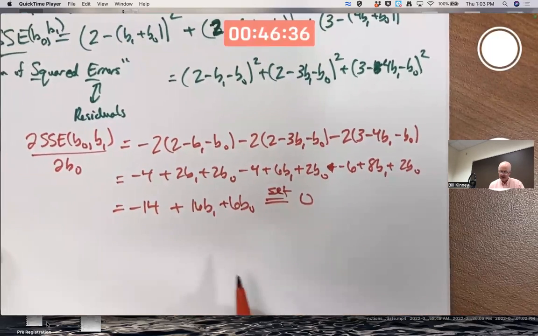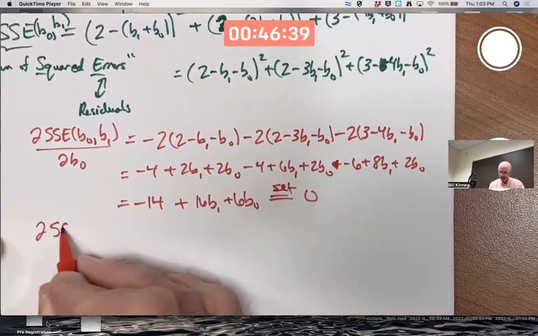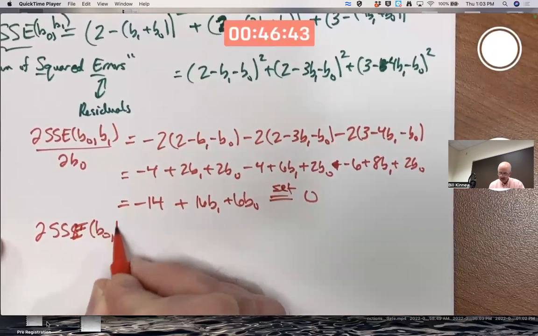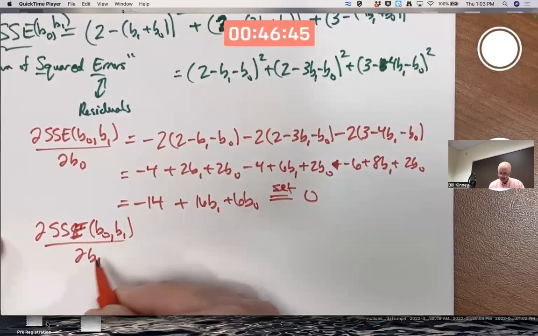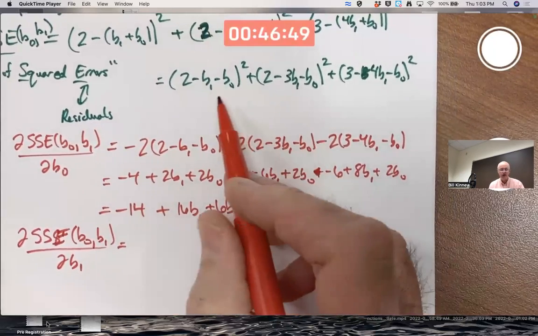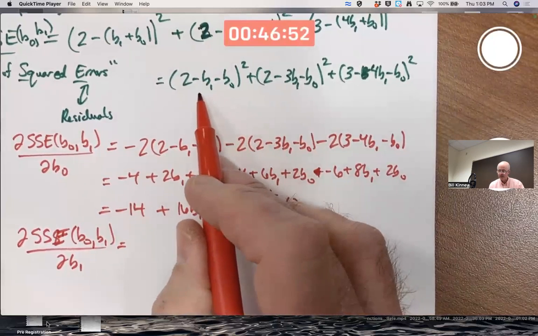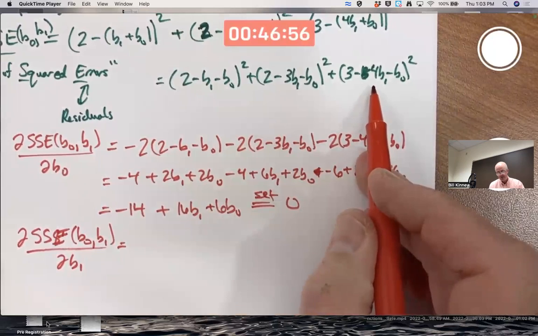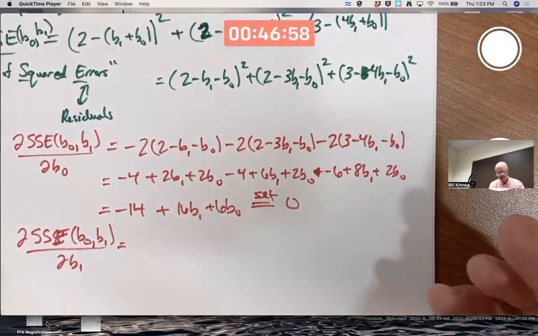But not just that equation, I also need to take the partial derivative with respect to the other variable, b1. Which is a little trickier because with the chain rule, you don't always get a factor of -1. Here you get a factor of -1, here you get a factor of -3, here you get a factor of -4. We still always bring down the 2.